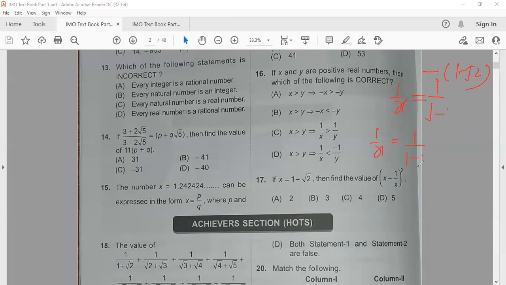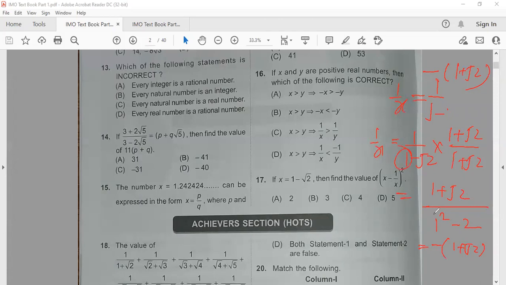So 1 plus root 2, 1 plus root 2, so it will be 1 plus root 2 upon 1 square minus 2. That means minus (1 plus root 2). That's why I was confused. Not confused, I just need to confirm that the minus sign will be there, because here 1, here 2.